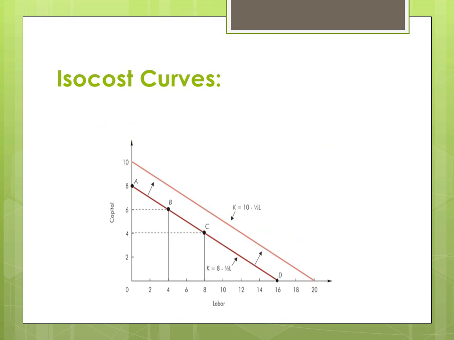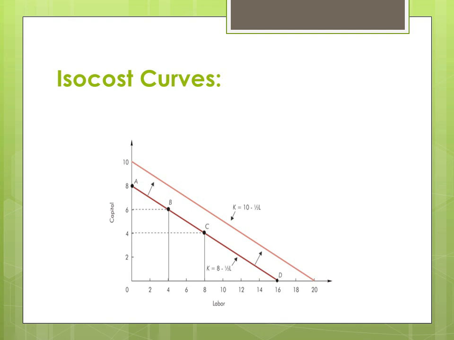We can also explain these curves graphically. You can see that on the x-axis are units of labor and on the y-axis are units of capital. By using units of labor and capital, we can purchase them at a given level of expenditure. When our intercept is 8, the isocost line is below, and when our intercept is 10, the isocost line is above.